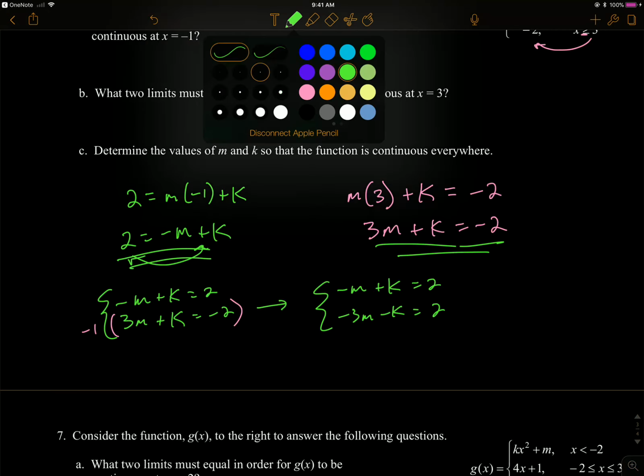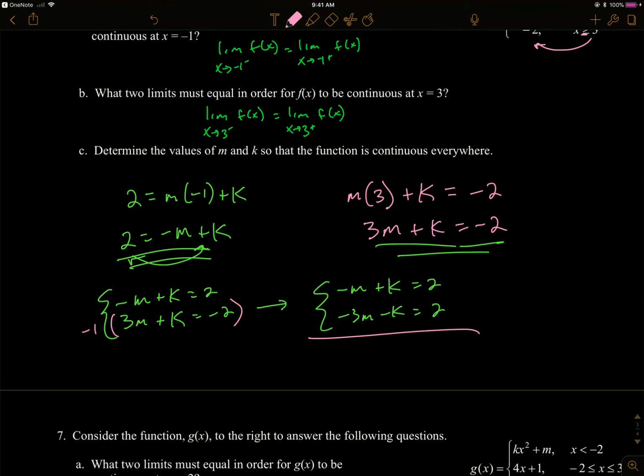Now I can add these. I will get my cancellation. That is 0, so I get -4m equals 4. So if I solve that equation, m equals -1. So there's my m. I can go plug that back into one of my original equations.